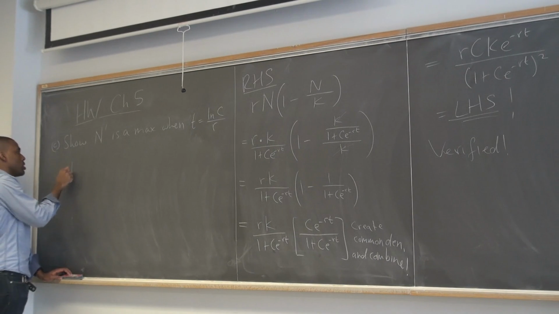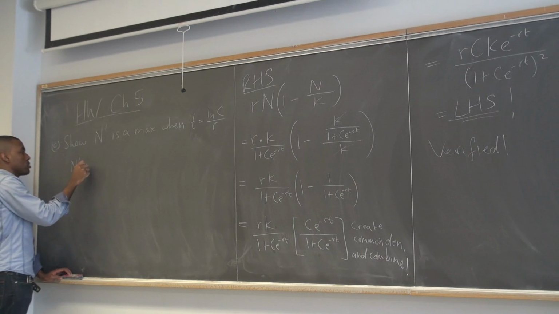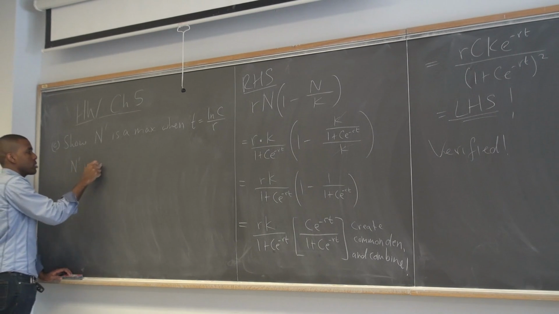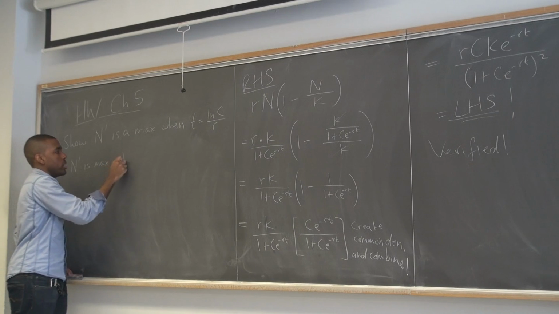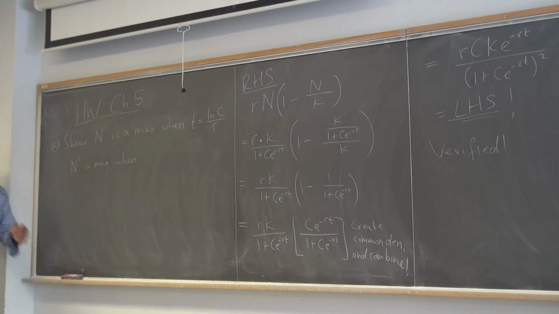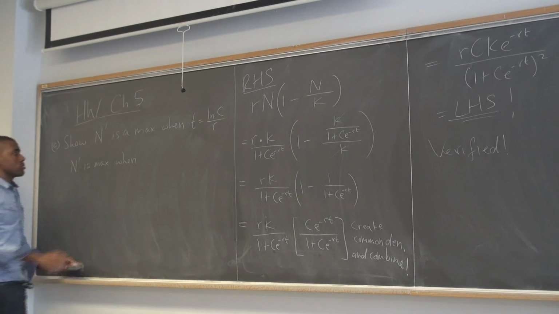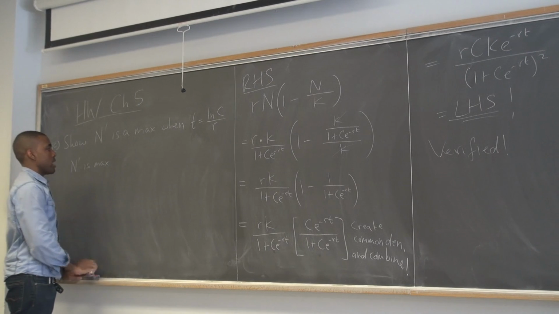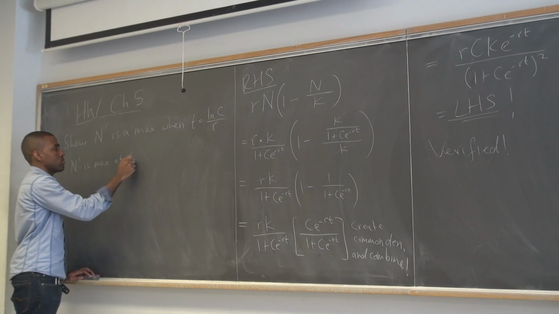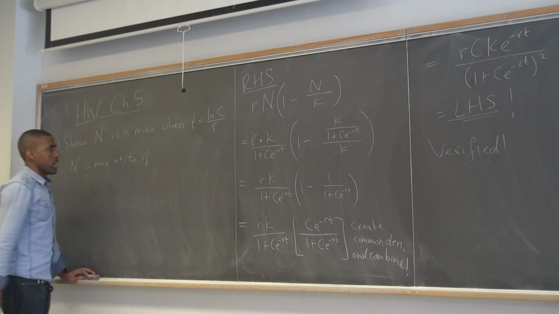So n prime is maximum when, how do you know if a function attains its maximum? It attains its maximum at some t value if what happens?